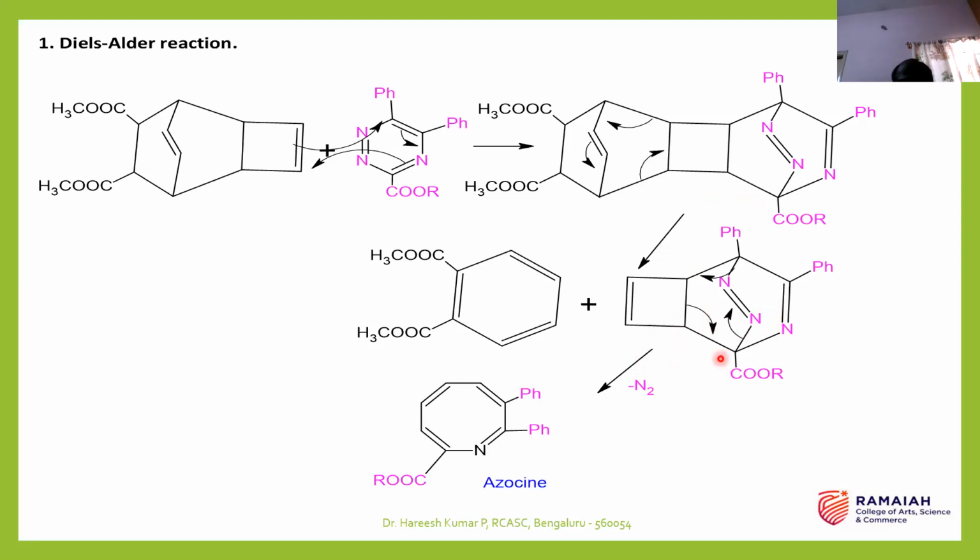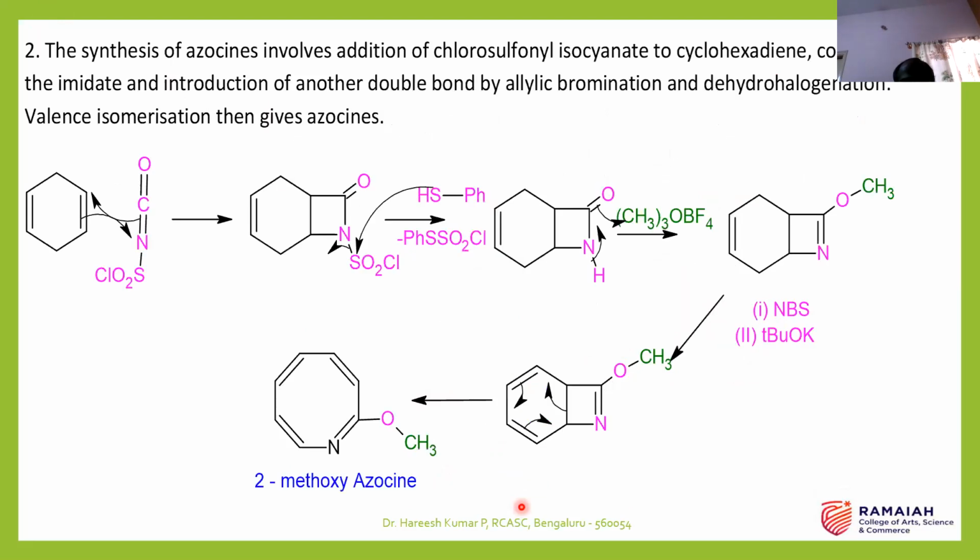This bicyclic compound undergoes elimination of nitrogen, forming azocine as the product. This is the Diels-Alder reaction. A Diels-Alder reaction is employed in the preparation of azocine. With this, I will go to the next slide.